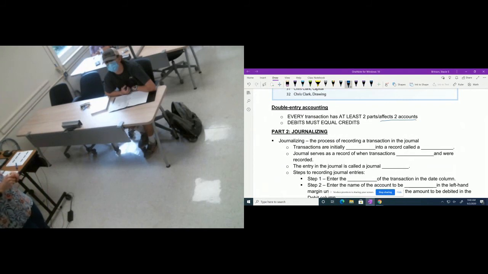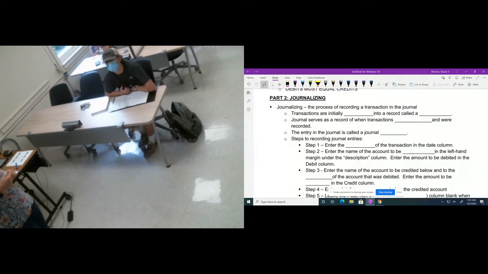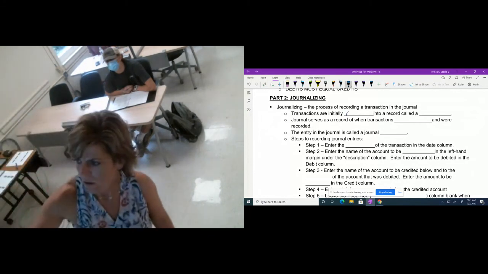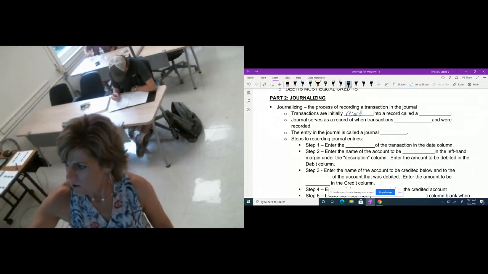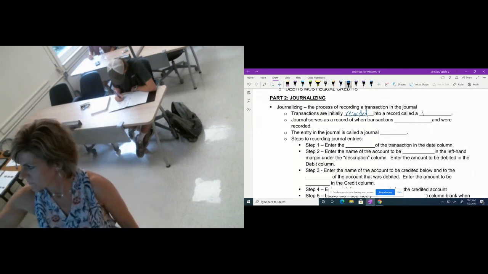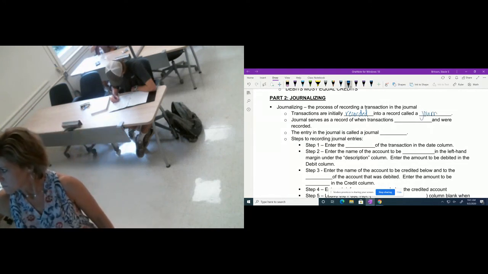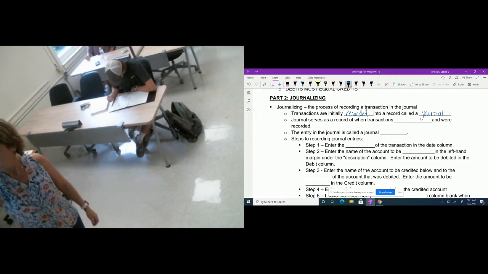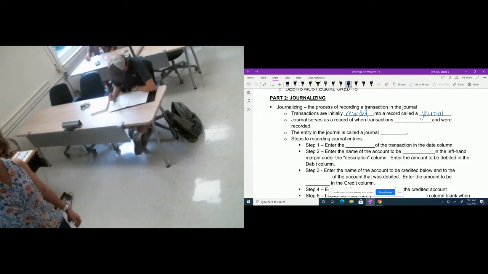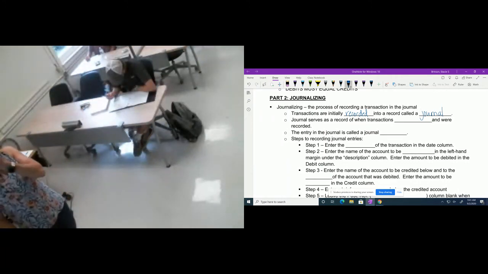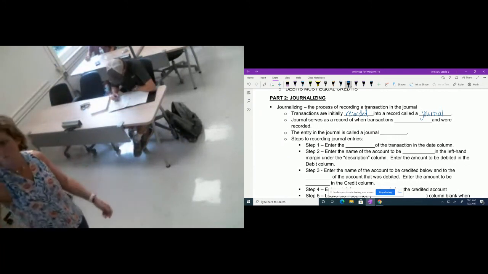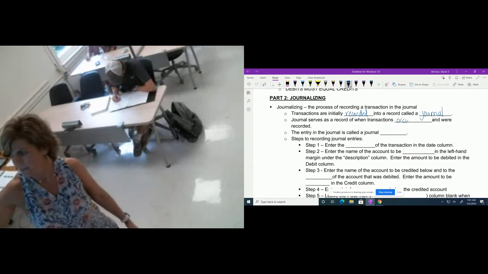So transactions, like we've been doing, all this stuff we just did for the dentist's office, if we were doing the books, transactions are initially recorded into a record called a journal. The journal serves as a record of when transactions occurred. When did they happen? Because it has a date by every entry.